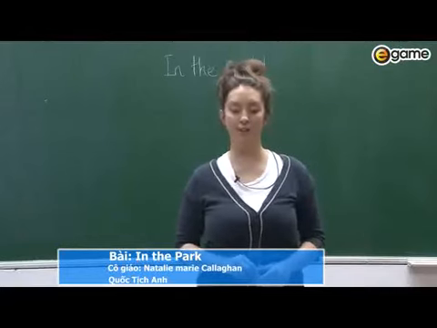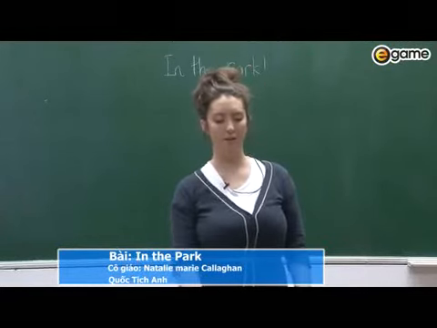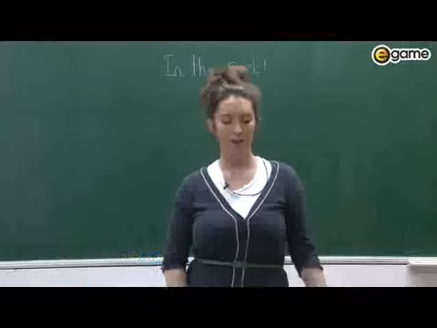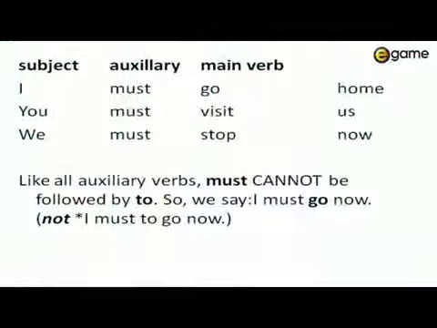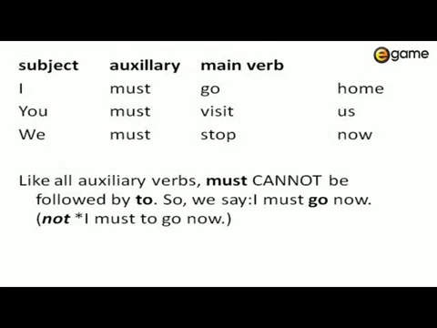So let's have a look at some examples here. In the table we've got subject, auxiliary, main verb. So the first one is I must go home. You must visit us. We must stop now.